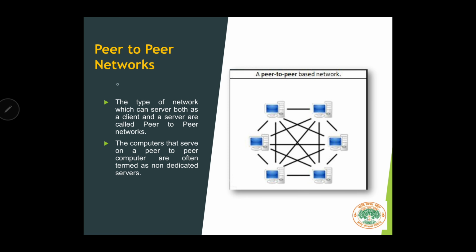So peer-to-peer network. Now what do you mean by the word peer? Peer means friends. Now in case of friends, suppose there is a group of 3 friends. So will there be any discrimination among the friends?